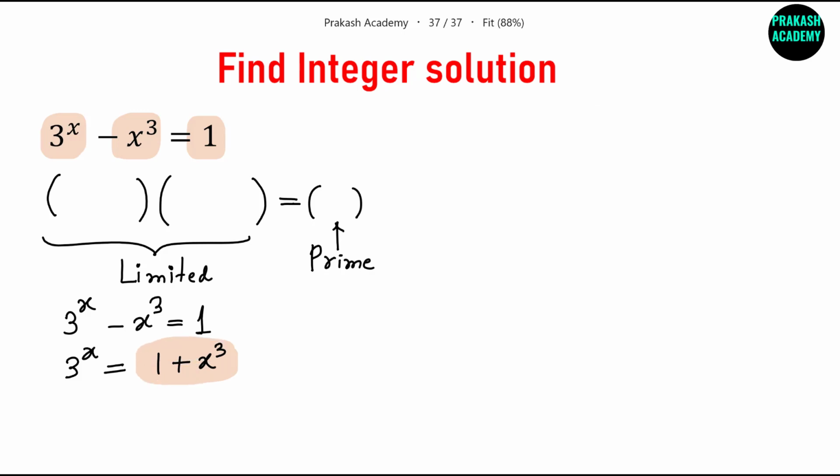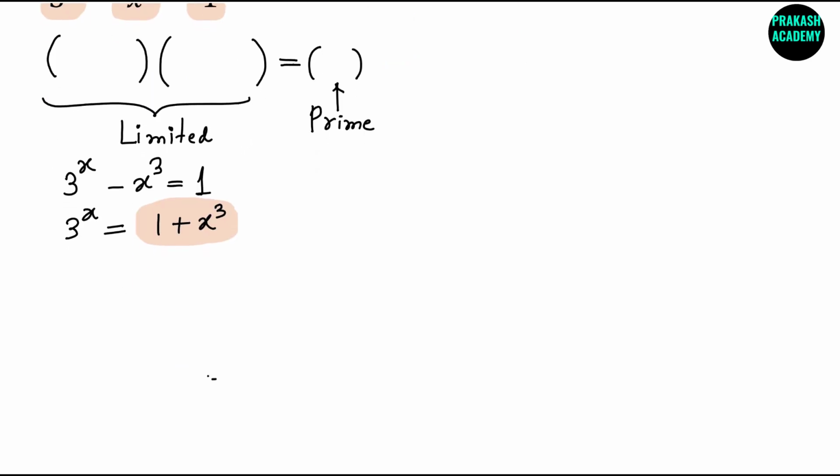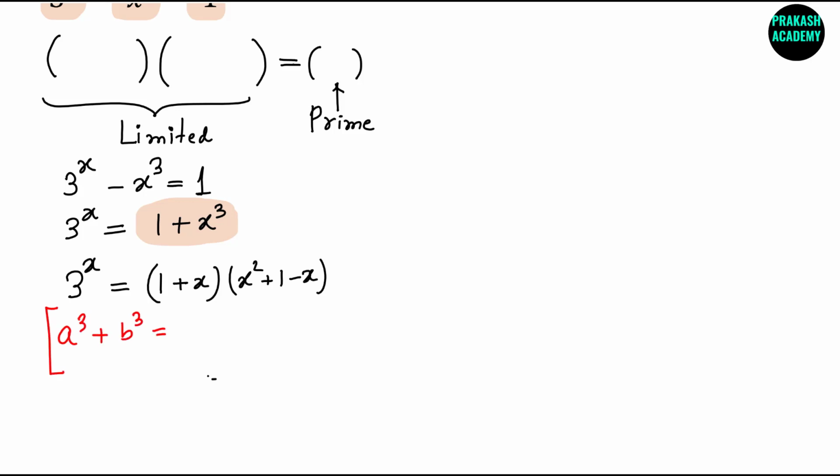So if I expand this, I will have 3 raised to the power x is equal to 1 plus x times x square plus 1 minus x. I am using the formula a cube plus b cube is equal to a plus b times a square plus b square minus ab.